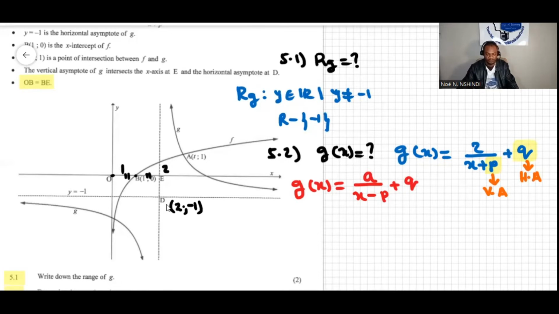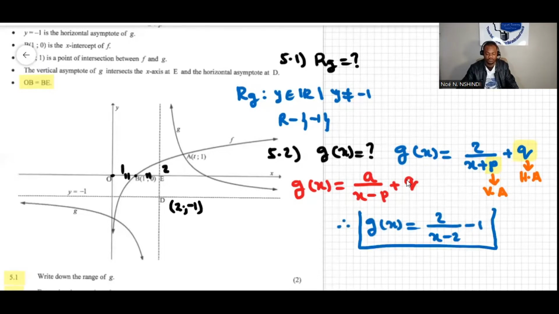Therefore g of x will be 2 over x minus 2, minus 1, because minus p is 2, and then plus q is minus 1. So that's the equation of g of x.